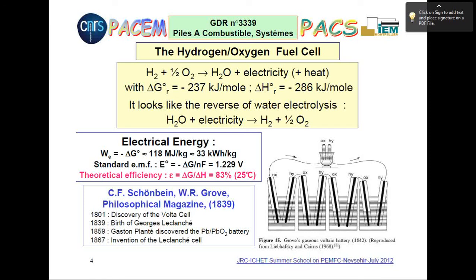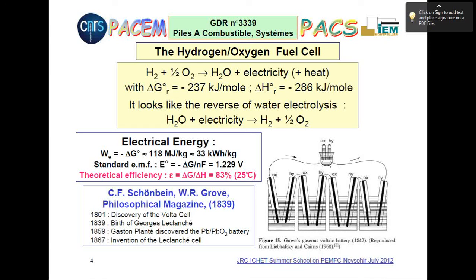And with this reaction, you see, that's a relatively large amount of energy. If you convert the energy in kilojoule per mole into kilowatt-hours per kilo, as electrical engineers prefer, you get a very huge amount of energy, 33 kilowatt-hours per kilo.